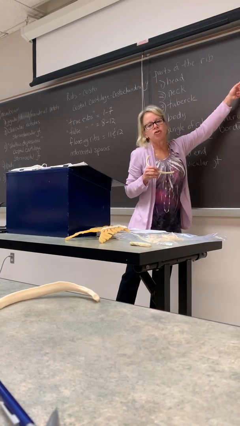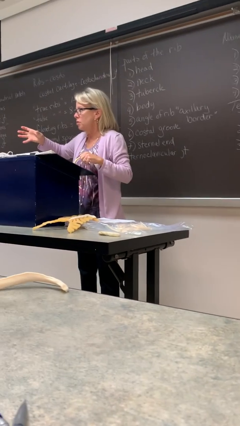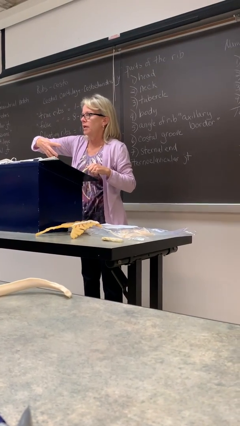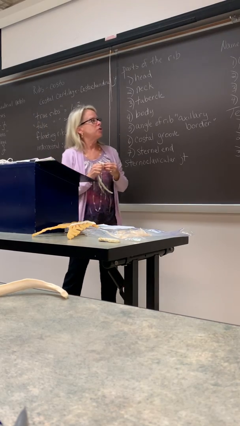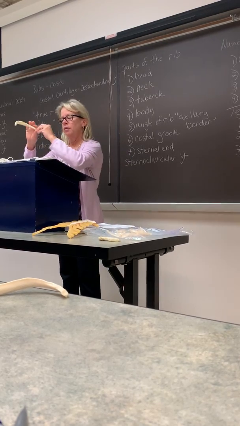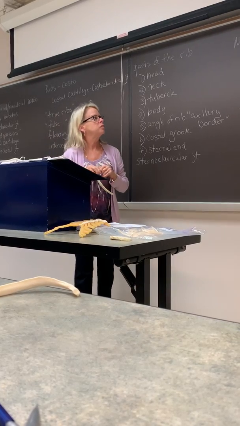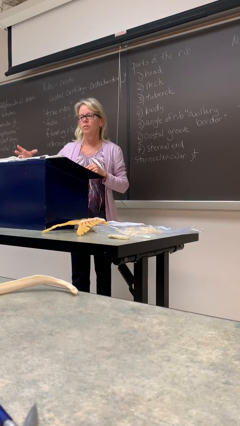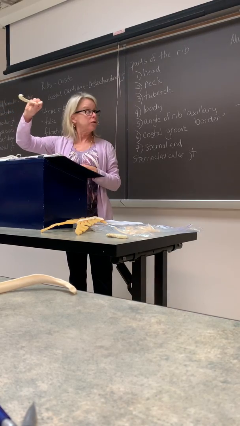Okay, names of the joints. I'm going to go over the names of the joints, and I'm going to start posteriorly and work my way anteriorly. We just went over it, but let's do it again. So starting posteriorly, the first one is the costovertebral. Coming around, the next one is the costotransverse.